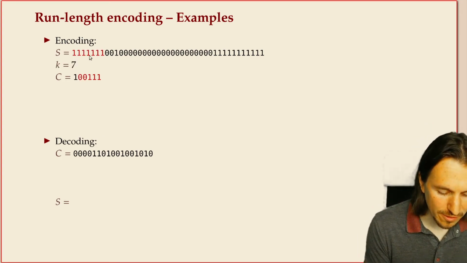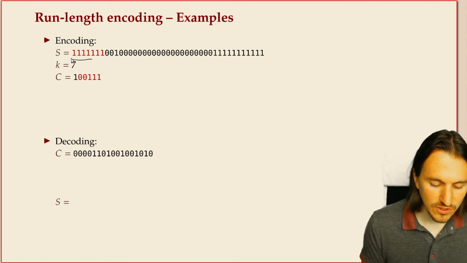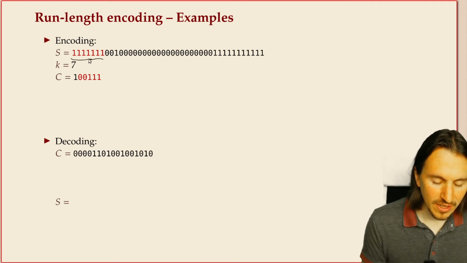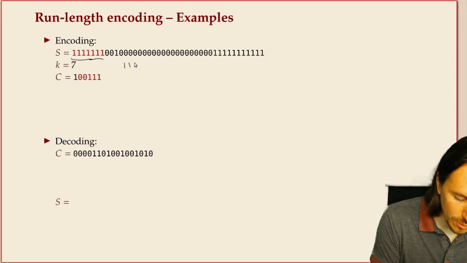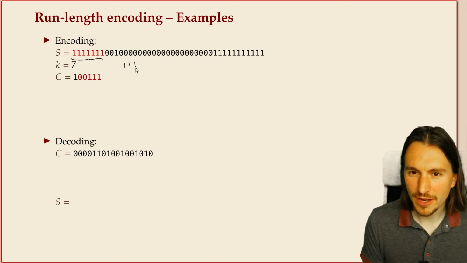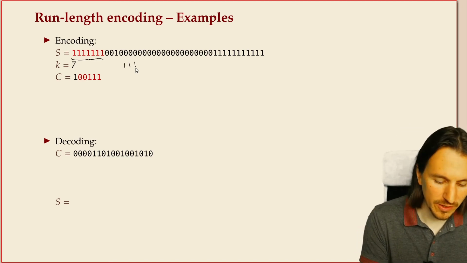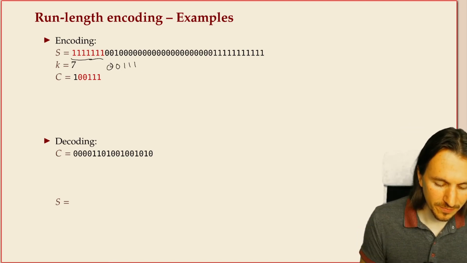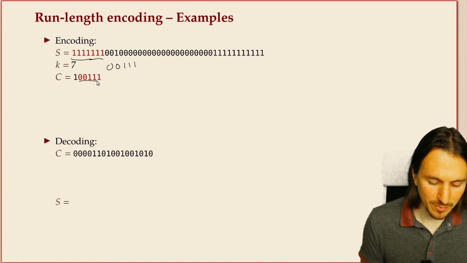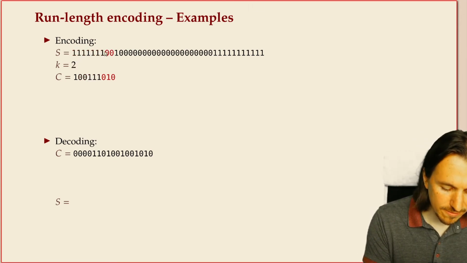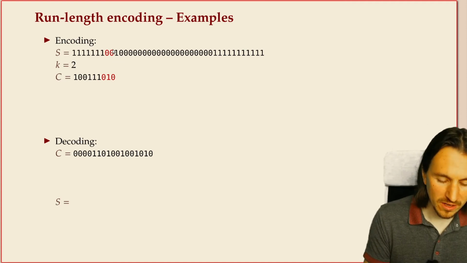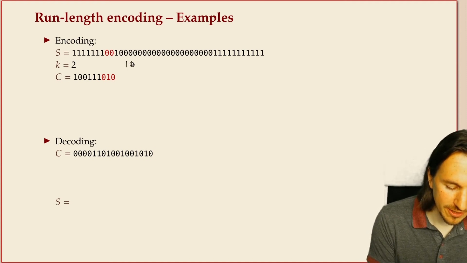Next, we store the run length, and this is 7 bits. So how do we store 7? Well, 7 is 111 in binary. The length of that is 3, so I have to add 2 zeros in front. And that is what has happened here. That's the 7. The next run has length 2. The 2 is 1, 0 in binary, prepend a 0. That's what you see here.